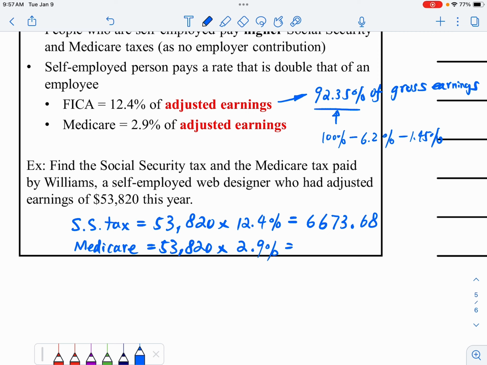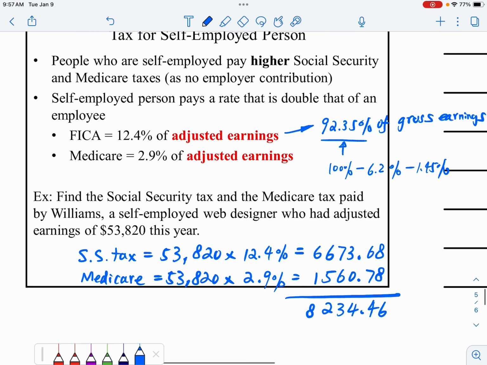This is $1,560.78. So the total deduction of these two taxes will be $8,234.46. Okay, so not cheap, right? So that's how we find the self-employed deduction.